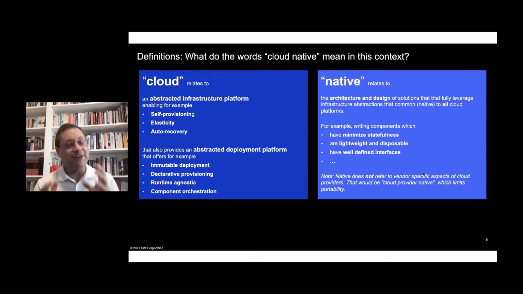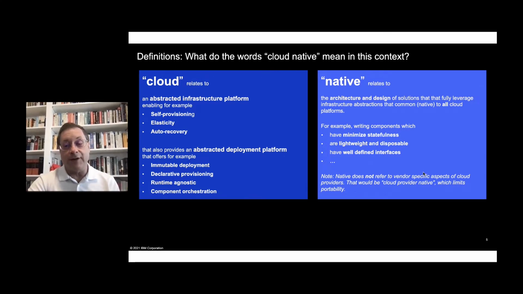You still have to architect your system to take advantage of the unique pieces that a cloud provider like IBM Cloud or AWS or Azure provide to be able to really be fully cloud native. If you're just taking advantage of things like, let's say, AWS VMs, but you're still doing all your processes and all your architecture the old way, well, at best, you're cloud provider network native, but you're not cloud native in the way we mean.